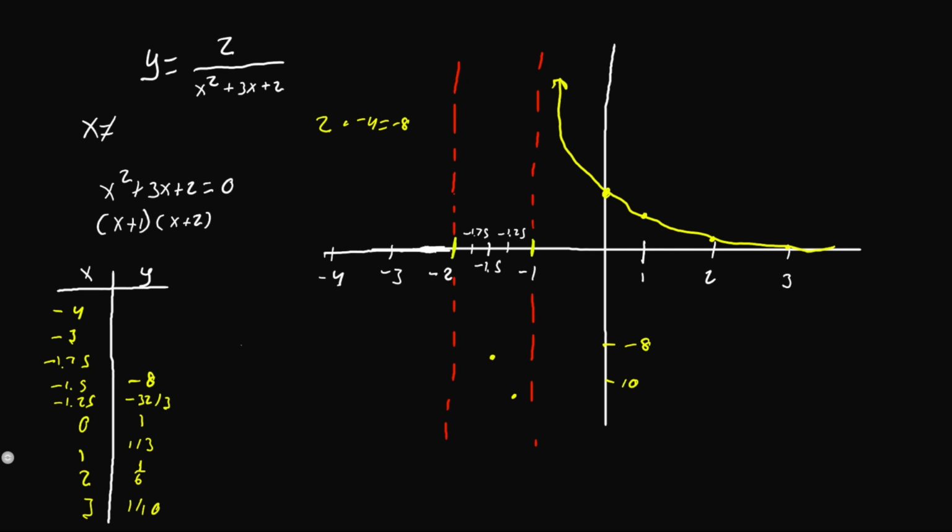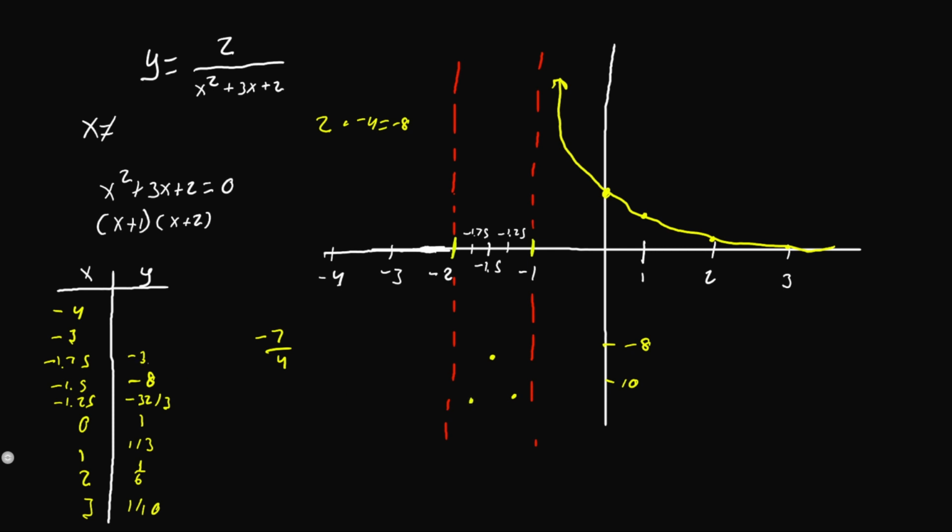And now we're going to look at negative 7 over 4. And we're just going to go ahead and quickly look for the solution. It is going to give us the same thing as negative 32 over 3.